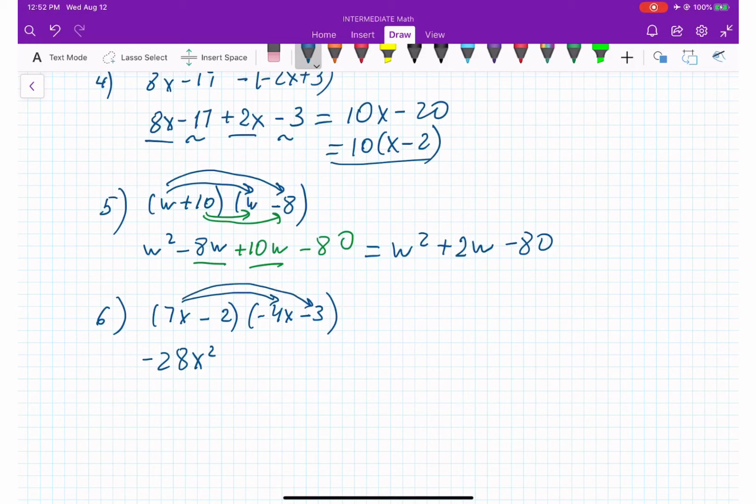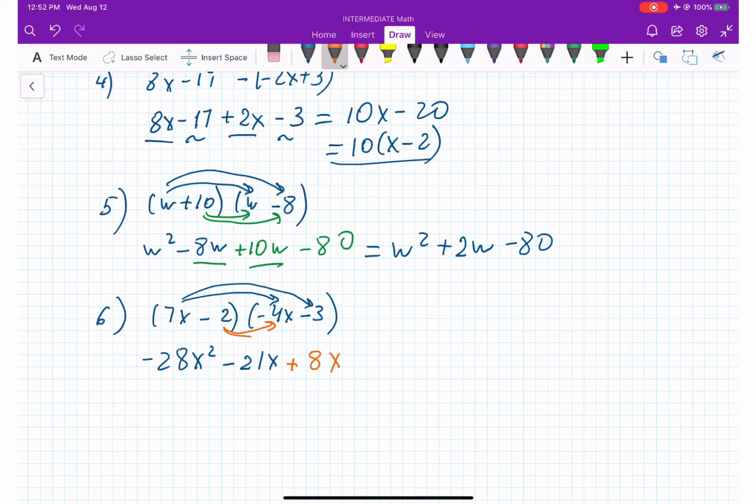7x times negative 3, it's going to be negative 21x. Okay. Next. Negative 2 times negative 4x. So it's going to be plus 8x because negative times negative is positive.